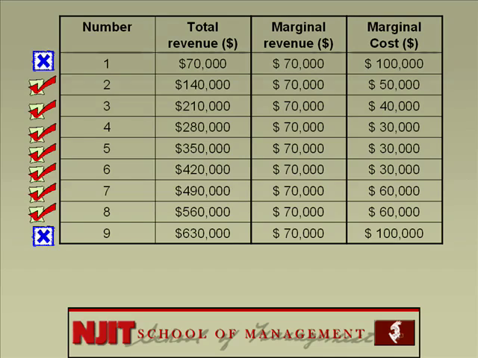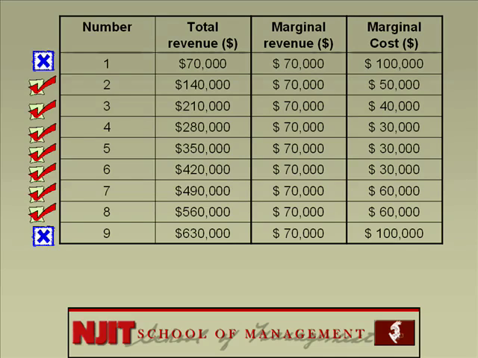For example, let's take 6 machines. At 6 machines, the revenue is 420,000 in total. What's the total cost at 6 machines? 280,000. So what's the profit? 140,000. So it's less.